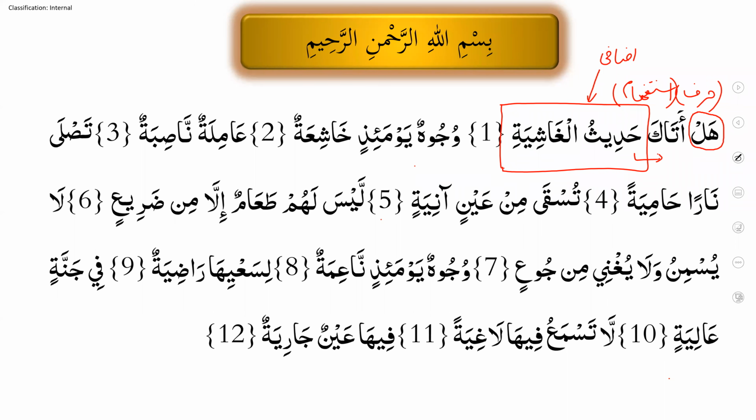Now, one thing you have to remember, we will mostly focus on irab, and always remember, when mudaf is related to a definite noun, it is understood definite, without al. So you will not say marfa. Just one point is there, that it is majroor. Why? There is no harf jar. Straightforward murakkab idafi.